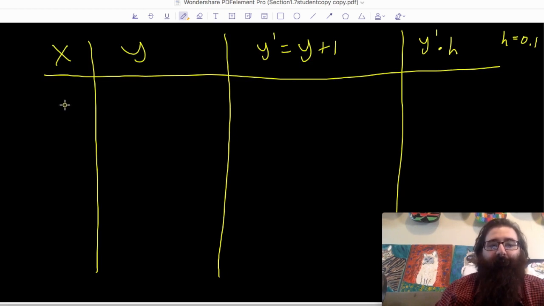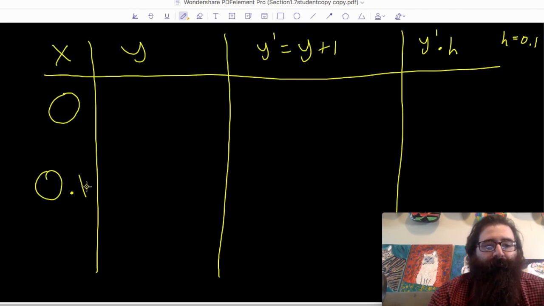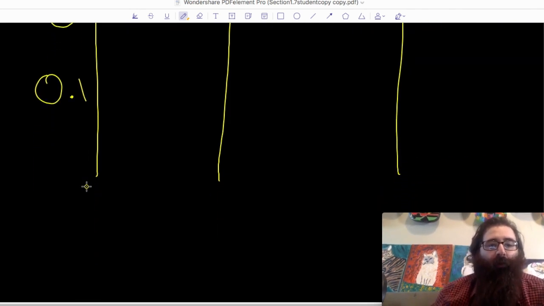And now I want to go and fill out the column for the x values. So x is still starting at 0 and going to 1/2, but now it's moving with step size 0.1, or 1/10. So here we'd say starting at 0, and then if I add h to this, 0 plus 0.1 gives me 0.1. And then I want to add h again, 0.1 plus 0.1 gives me 0.2.